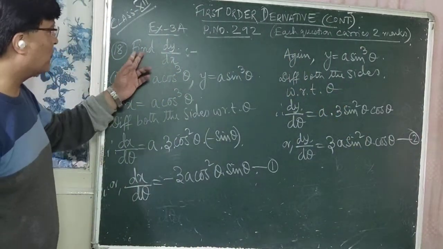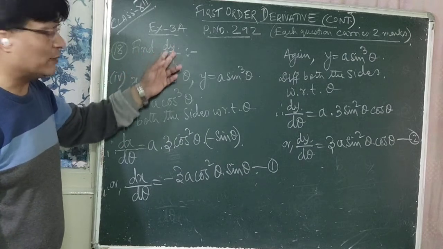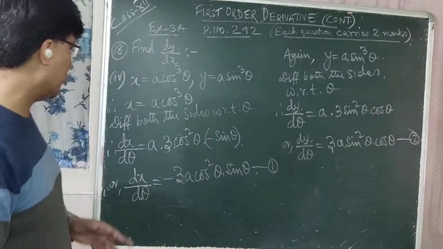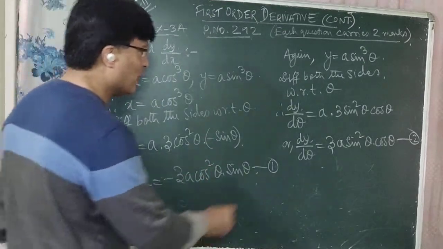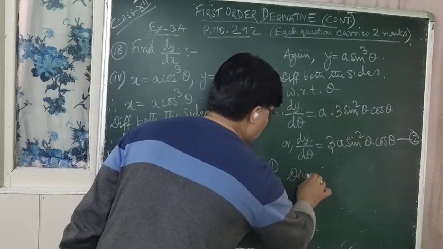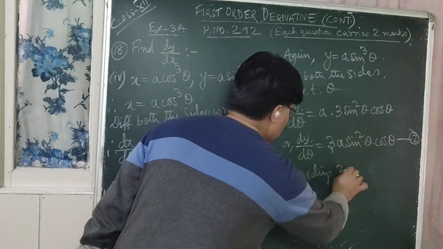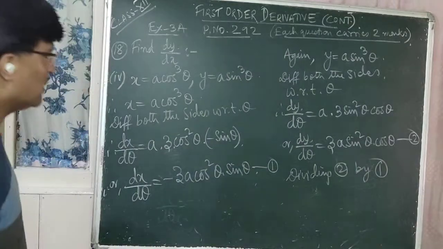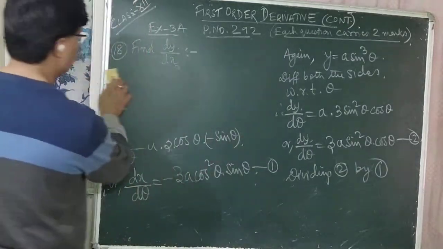So actually you have to find out the value of dy by dx. That means what will you do here? So what will you do with this 1 and 2 to get dy by dx? Dividing 2 by 1. So write down dividing 2 by 1, right? So let us divide 2 by 1.